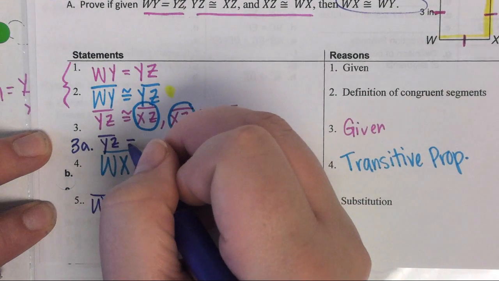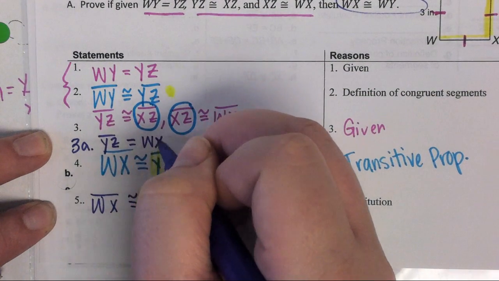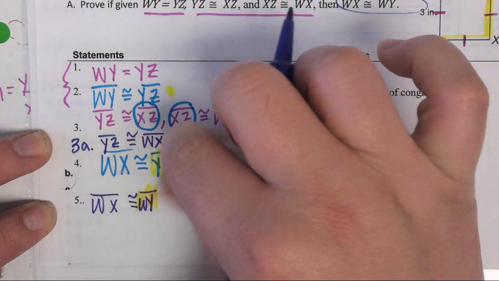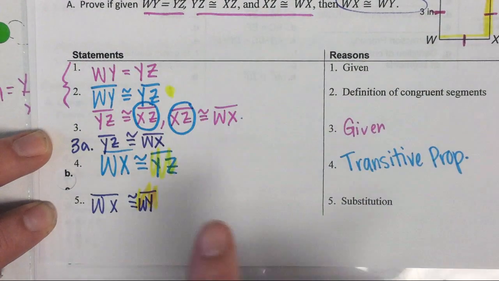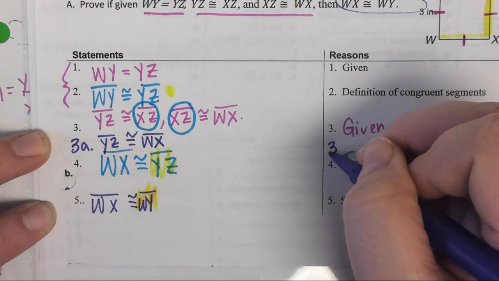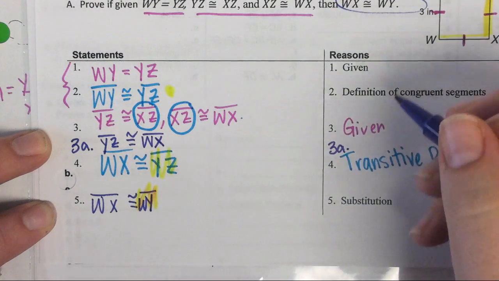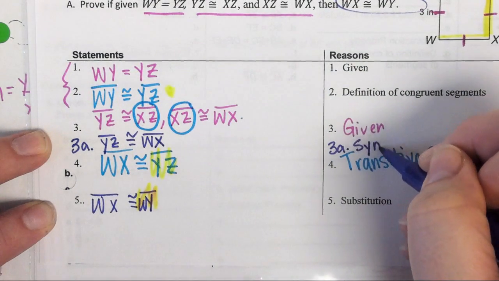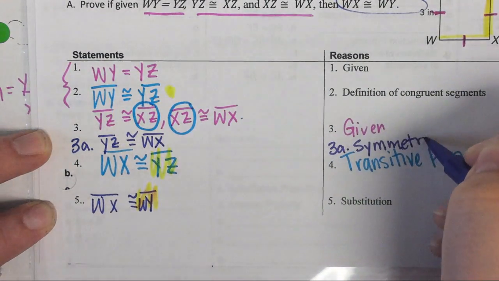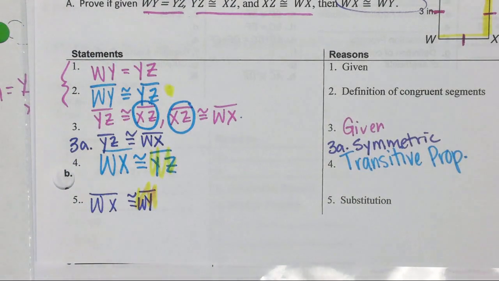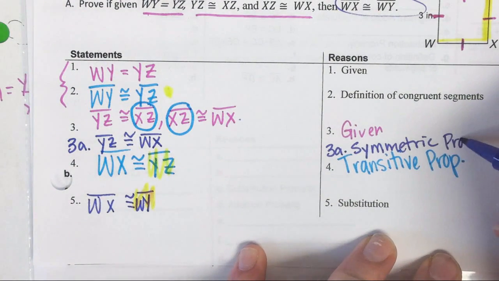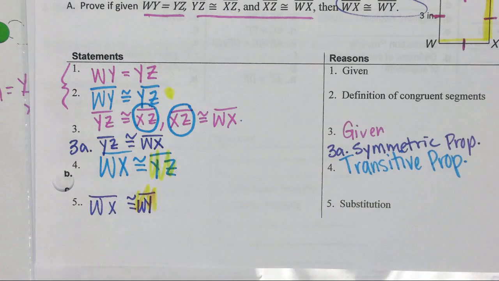WX was on the right-hand side in my given. So technically for me to flip-flop it and put WX on the left and YZ on the right, technically I've done the symmetric property. But is that 100% necessary? No.